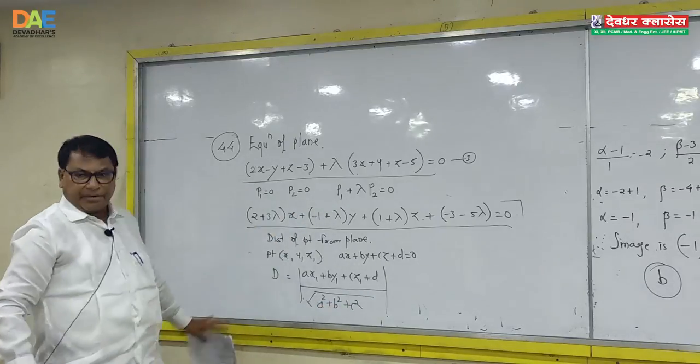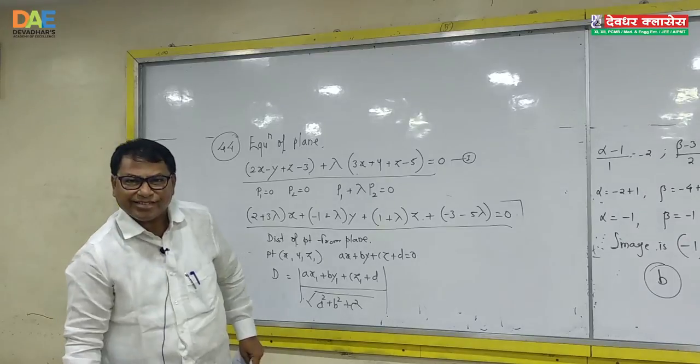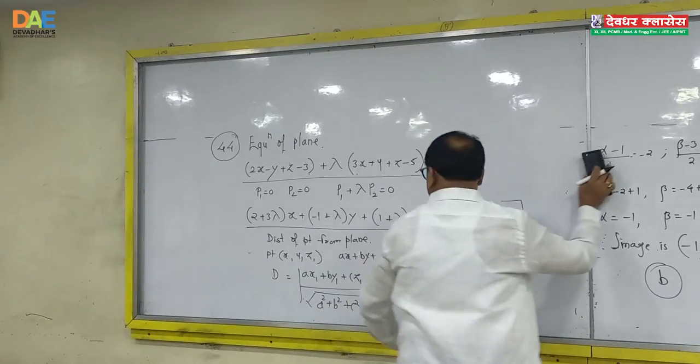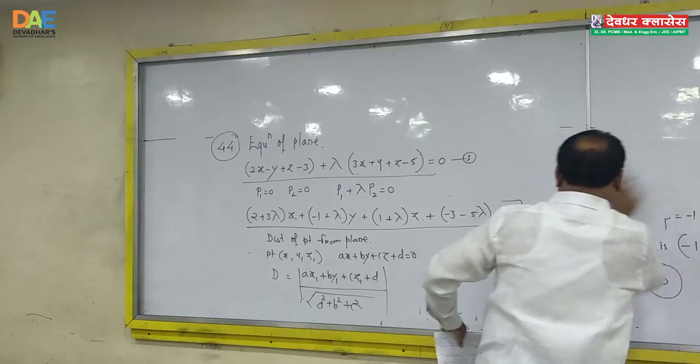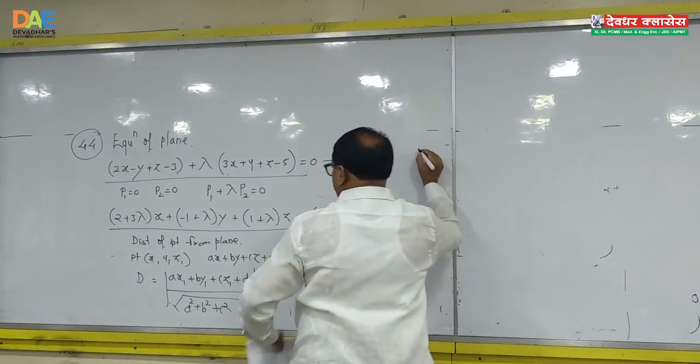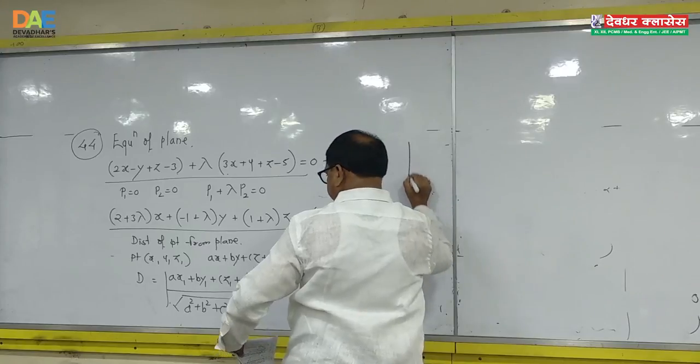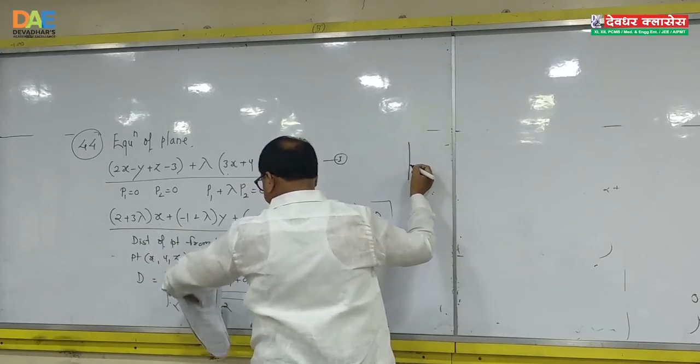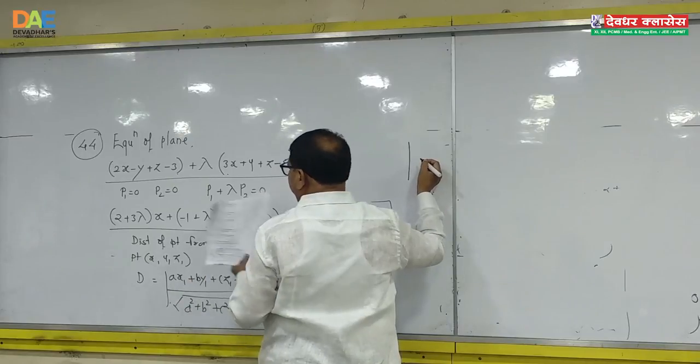This formula is there. So what is the distance? Distance is 1 upon root 6, the given distance. Therefore, mod of ax1, that is, the point is given. What is the point?